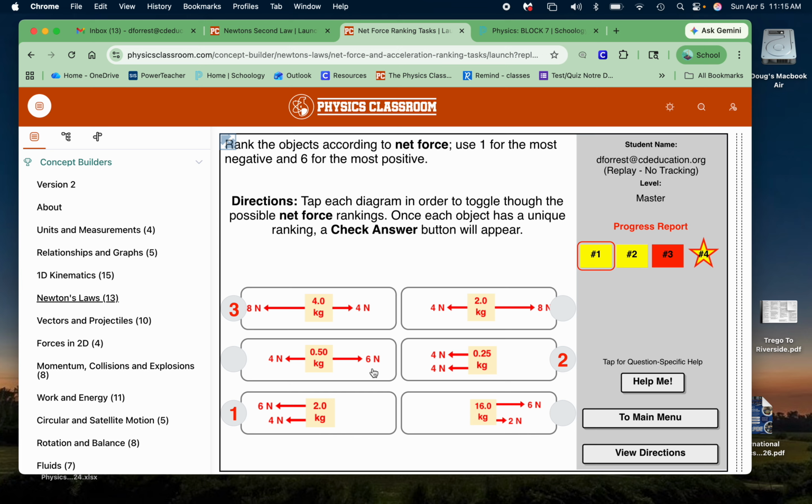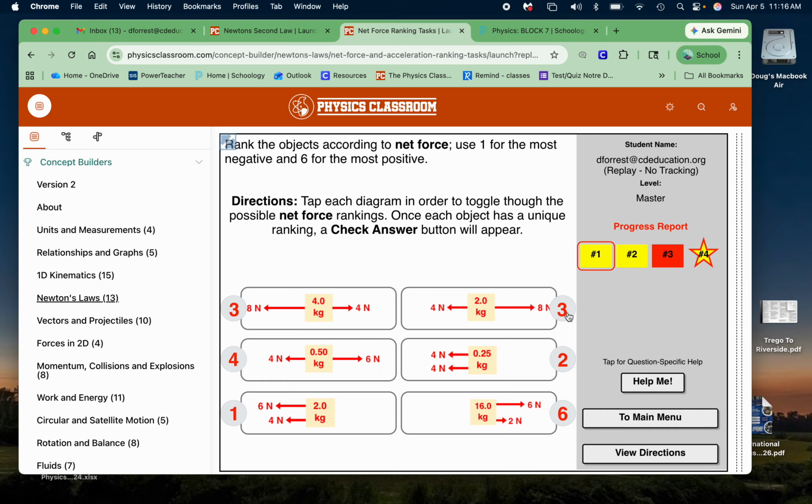When I think about positive forces here, I have positive 6 and negative 4, so that's plus 2 newtons force. Here I have plus 8 and minus 4, so that's plus 4 newtons of force. Here plus 6 and plus 2, that's plus 8 newtons of force. So this is the most positive, so I'll rank that as 6. This is positive, but the least positive, so I'm going to rank that as 4.